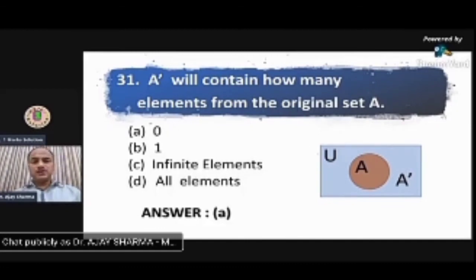We have to tell how many elements are common between this blue portion and the set A portion. Certainly, they are two different portions. No element can lie in both portions. So the number of elements will be 0.